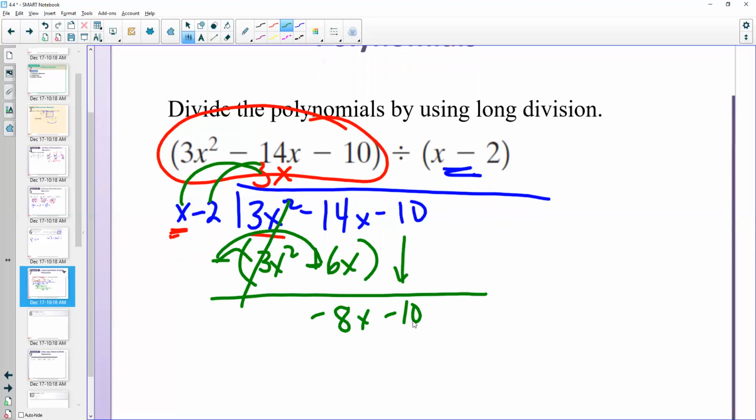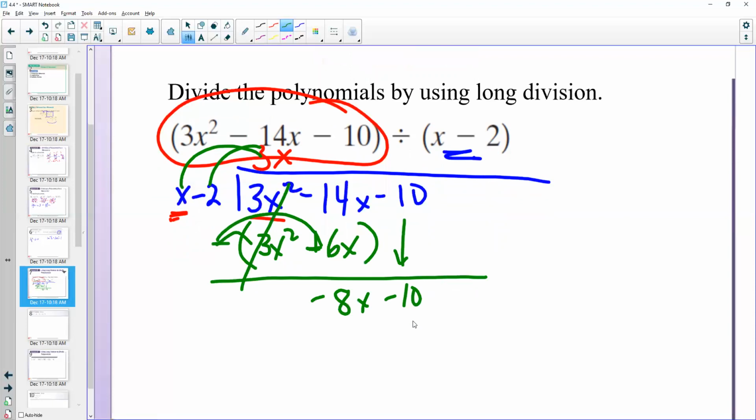This you should have seen before, okay? This shouldn't be totally new. Now I want to turn this x into negative 8x. So what do I do to do that? Well, I have to multiply x by negative 8. So minus 8. And then I'm going to distribute just like I just did. So x times negative 8 gives me negative 8x.